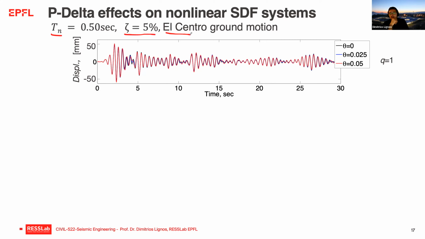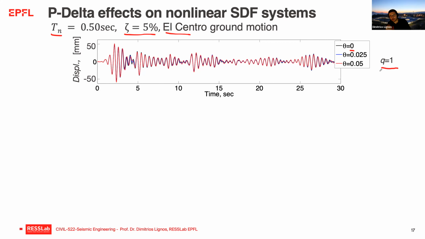And I'm using the El Centro ground motion to illustrate the phenomena. And notice that I'm doing the analysis for 3 different stability coefficients ranging from 0, so basically I neglect gravity, 0.025 and 0.05. And each time I am dealing with different degrees of nonlinearity.